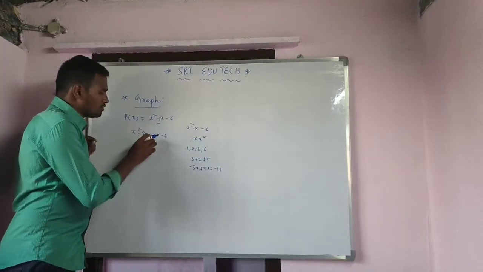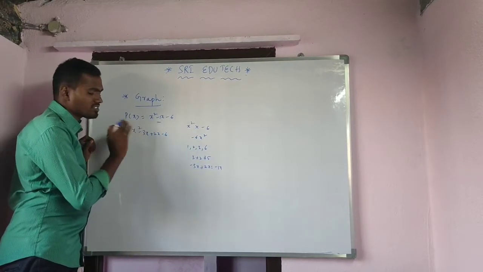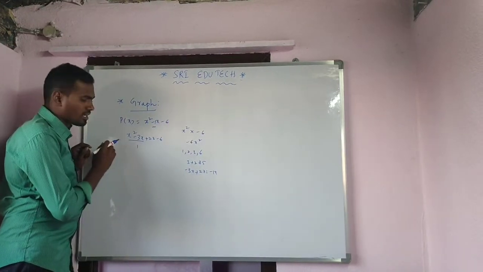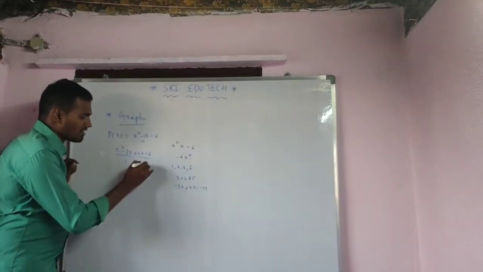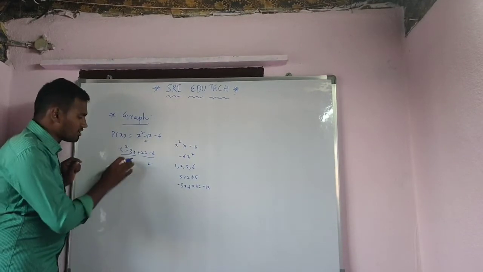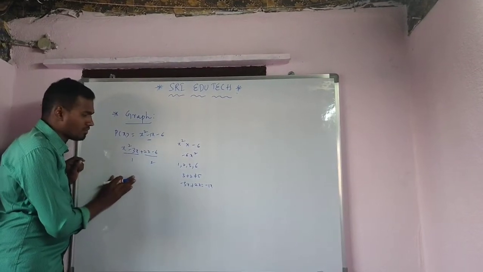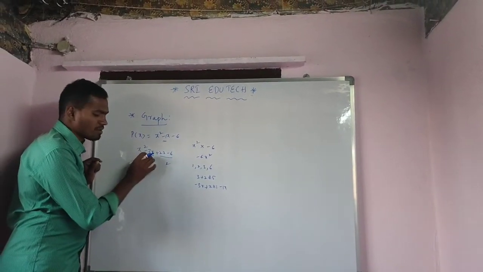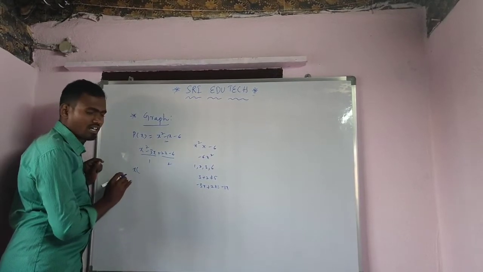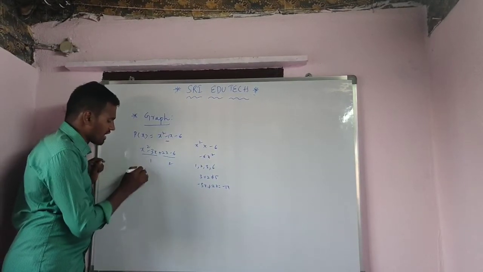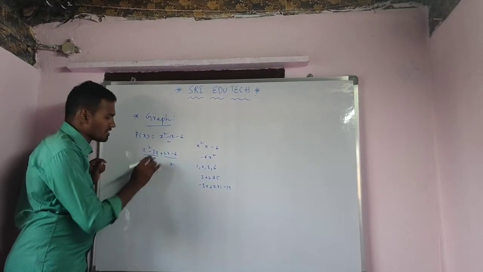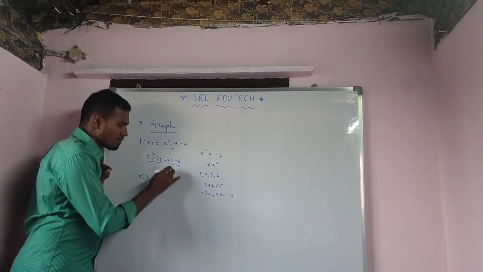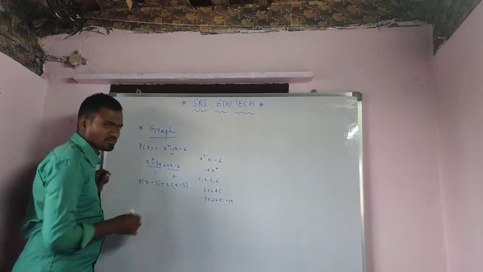Now in this expression, divide into two parts: the first two terms as one separate term and the next two terms as another separate term, right? From the first two take one common factor and from the other two take another common factor. From the first, I am taking x common, then x minus 3. From the next, 2x minus 6, I am taking 2 common, then the remaining is x minus 3, right?